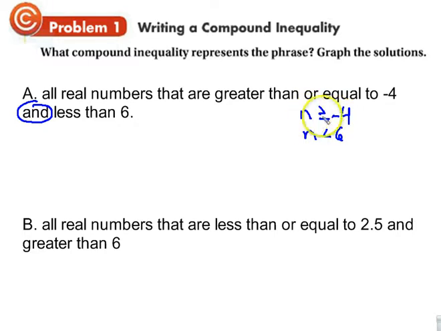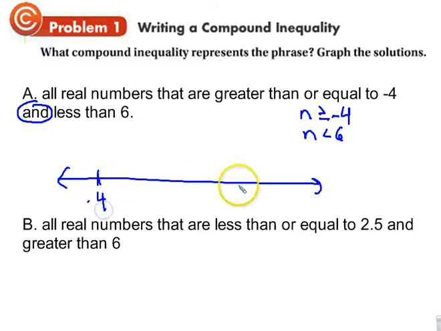Okay? So if we look at this graph, I'm doing this to save time. You're not doing this. Okay, did you hear that? I hope so. Okay, so this one is going to be a filled-in circle shading to the right. This one is going to be an open circle shading to the left.